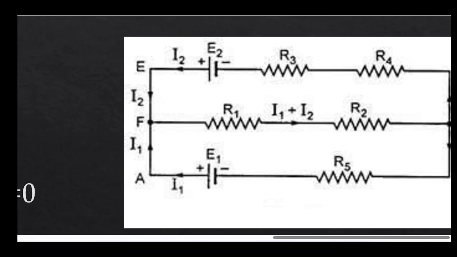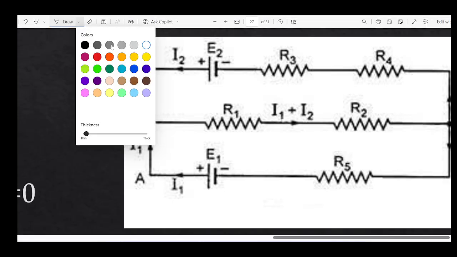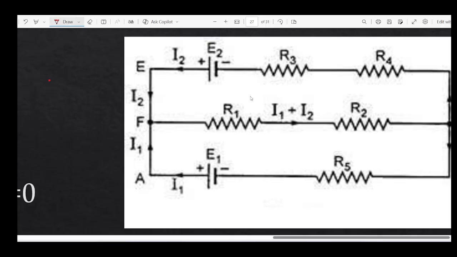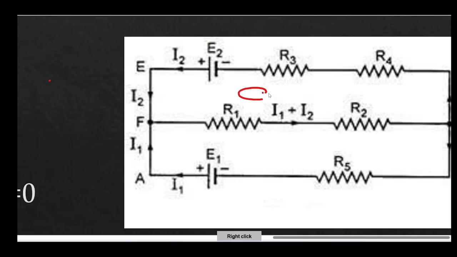You can consider a traversal, wherein it may be clockwise or anti-clockwise. You may have to use the sign convention. Let's consider here also the traversal is like this. What is the direction of current here? Towards left.